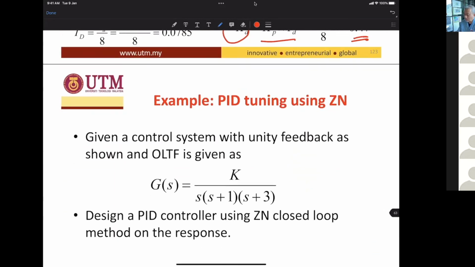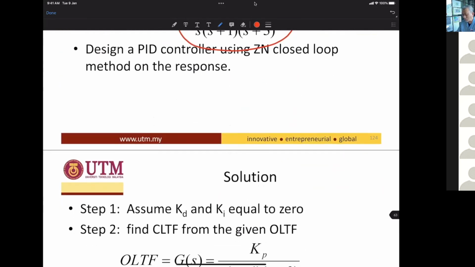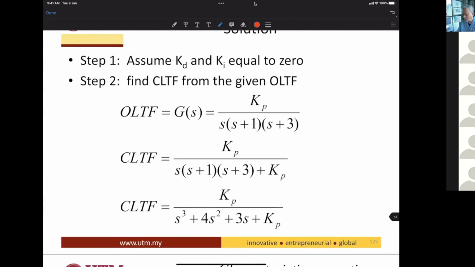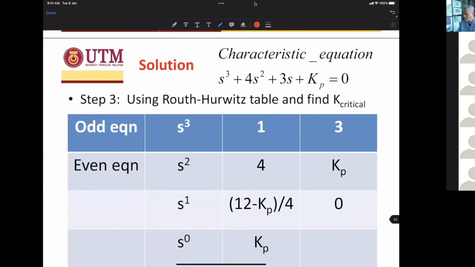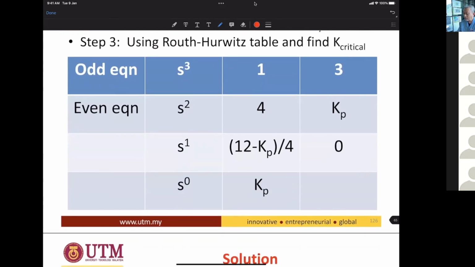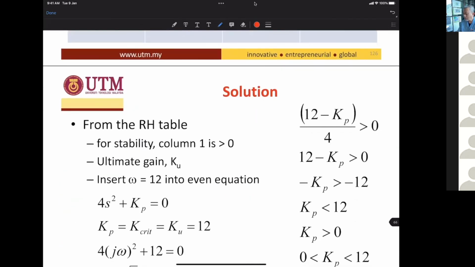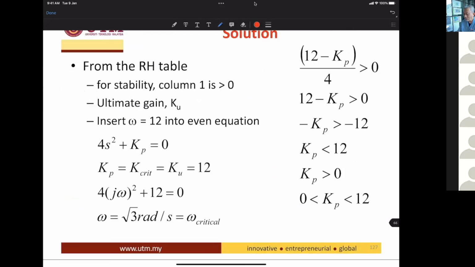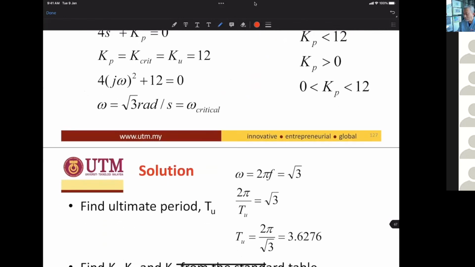The second example is also the same. It's a third order, type 1. The style of solution is almost the same. Like the previous one, you just follow it. I think you can do it. Get the characteristic equation, and then solve for Kp using the stability of the first column. The omega u is square root 3 radian per second, and Kp or Ku is equal to 12.